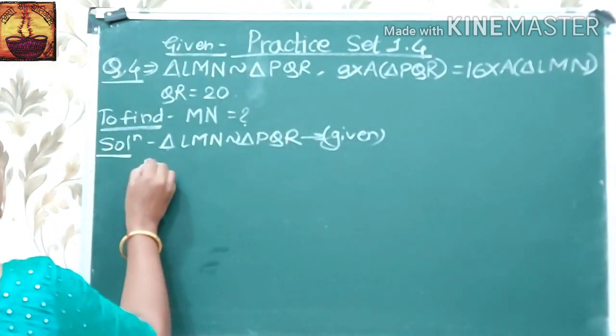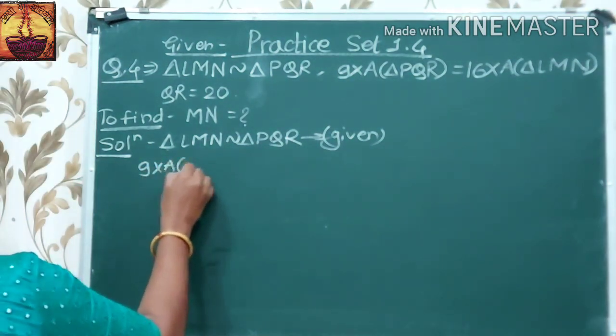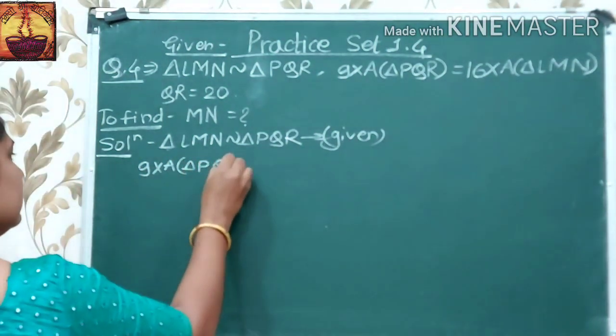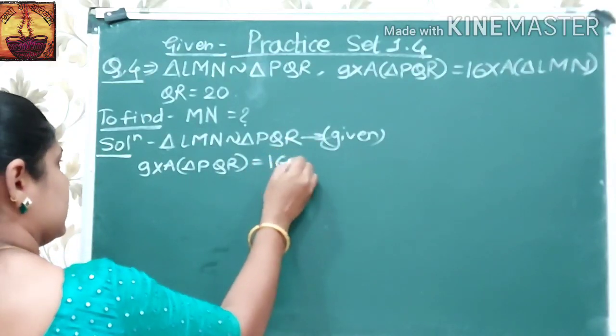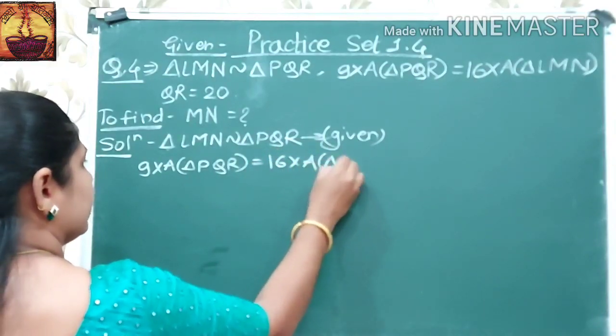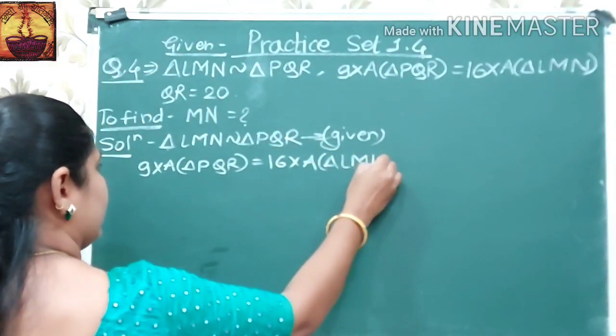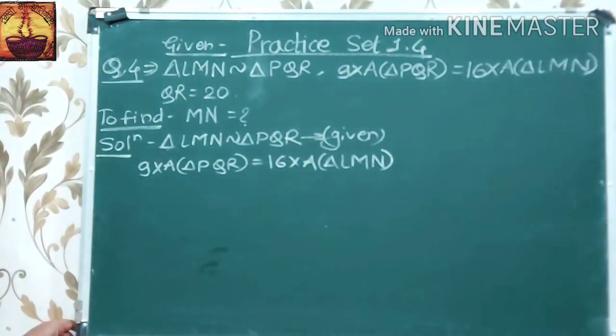As well as 9 into area of triangle PQR is equal to 16 into area of triangle LMN.